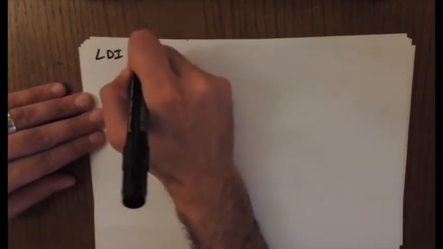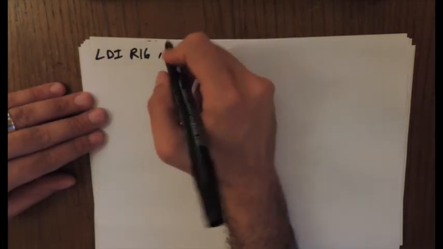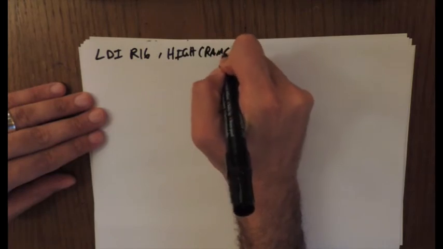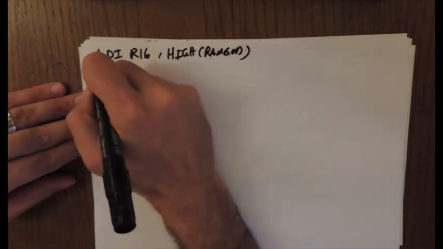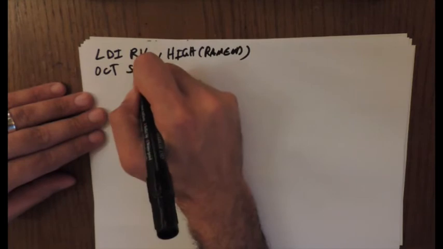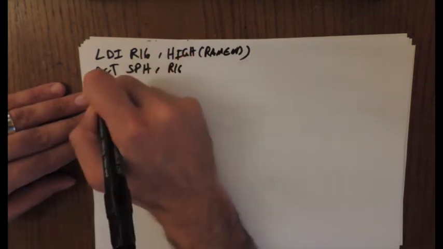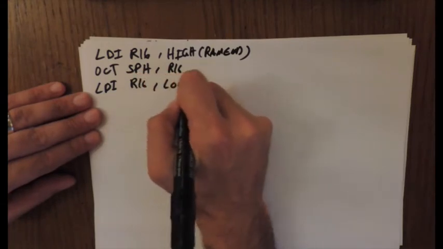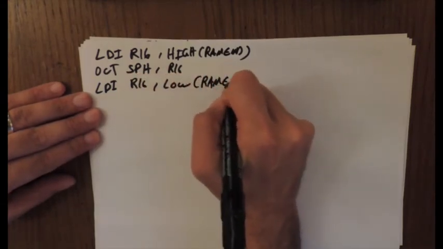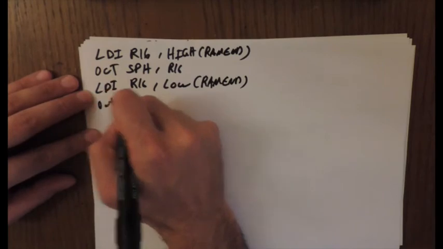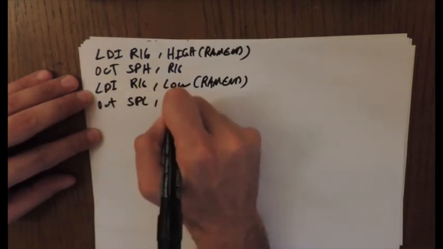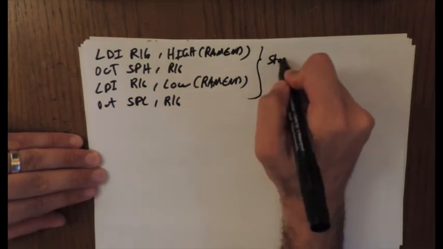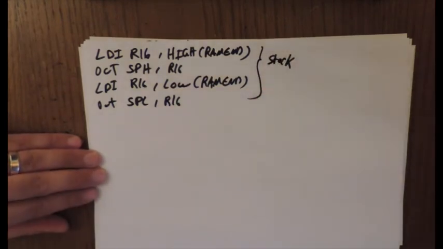LDI R16, high RAMEND, out SPH, R16, LDI R16, low RAMEND, and out SPL, R16. So now we initialized the stack. This is just for the use of functions.